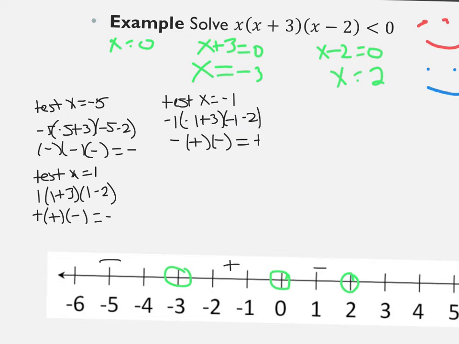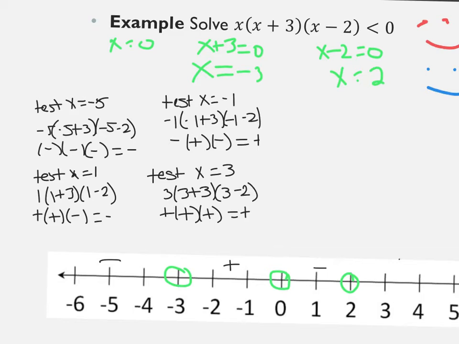So we'll put a minus sign. And then last but not least, we're going to test something larger than 2. Let's say x equals 3. So we'll have 3 times 3 plus 3 times 3 minus 2, which gives us a positive times a positive times a positive, which is a positive.